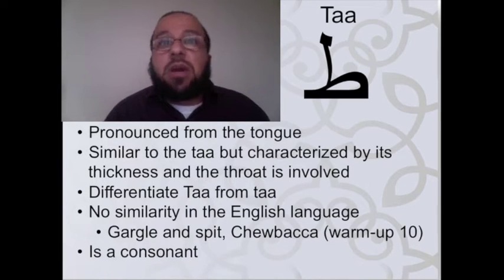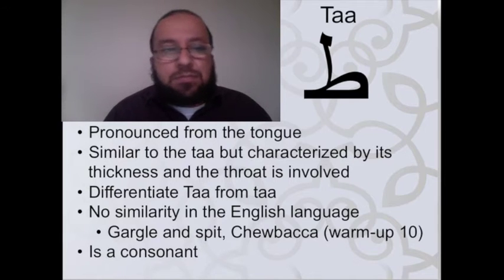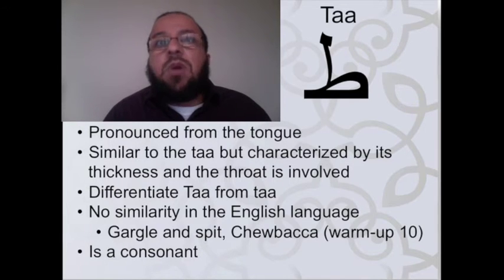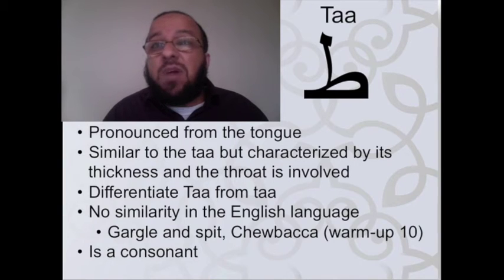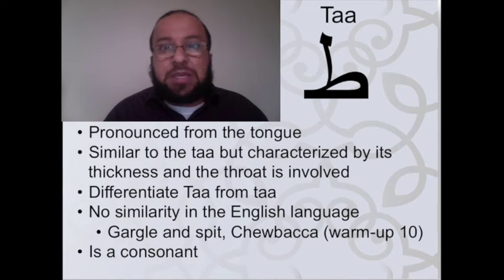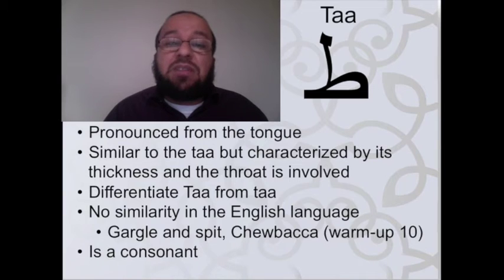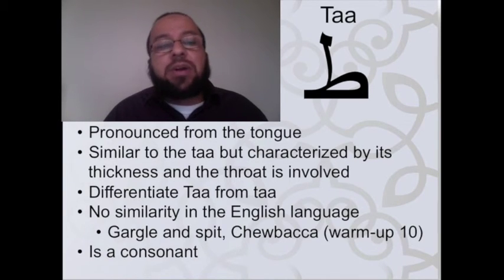The next letter is the letter bo. Bo. The letter is bo. This letter is pronounced from the tongue and it is similar to the ta. Now notice I have the letter ta with a small t, but the letter ba with a capital T. The reason is that even though the ta is similar, the letter ba is characterized by its thickness.